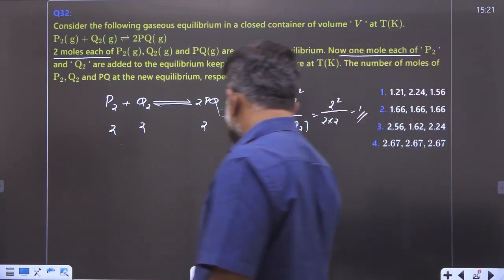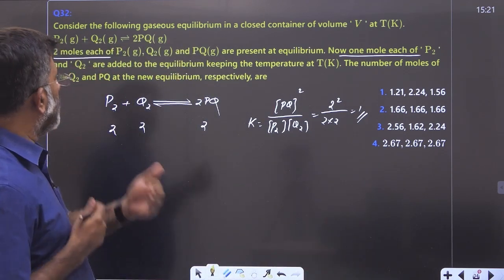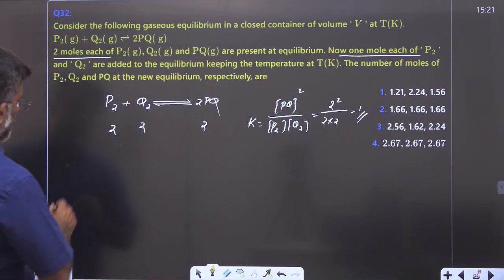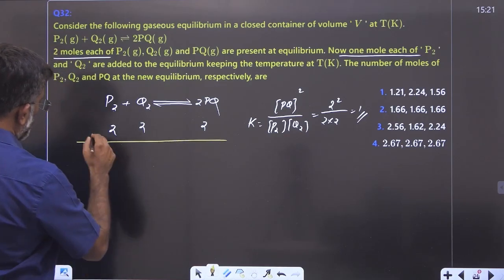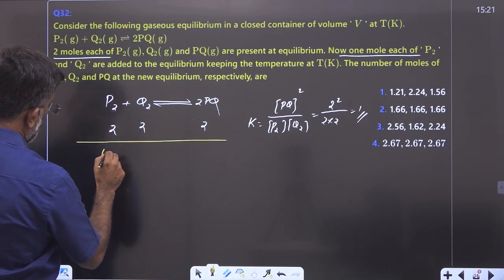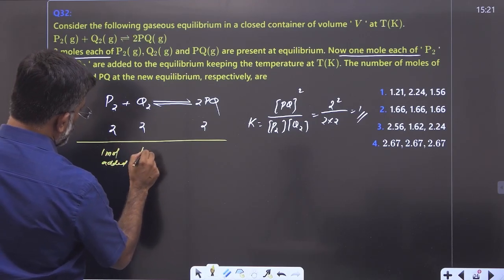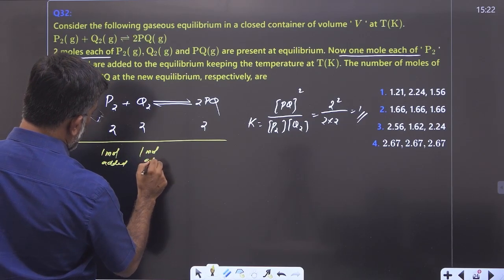Okay. Now, the new scenario. The new scenario, 1 mole each of P2, Q2 added. So, new condition, 1 mole added, this is also 1 mole added.